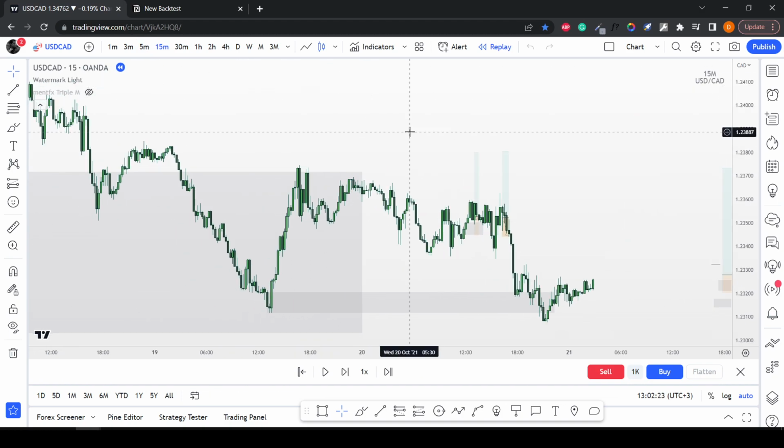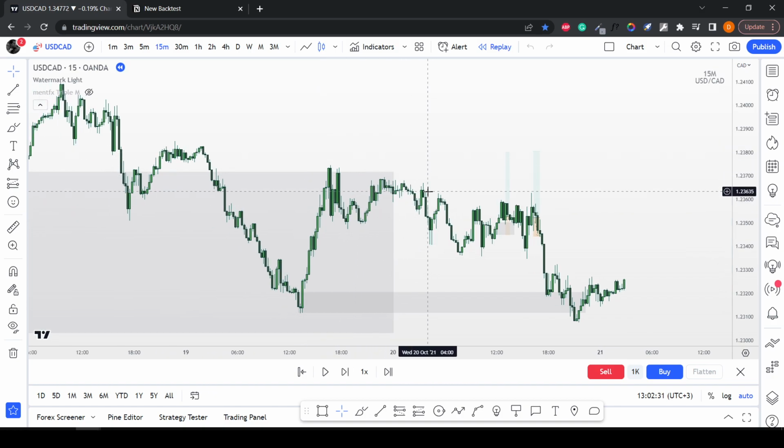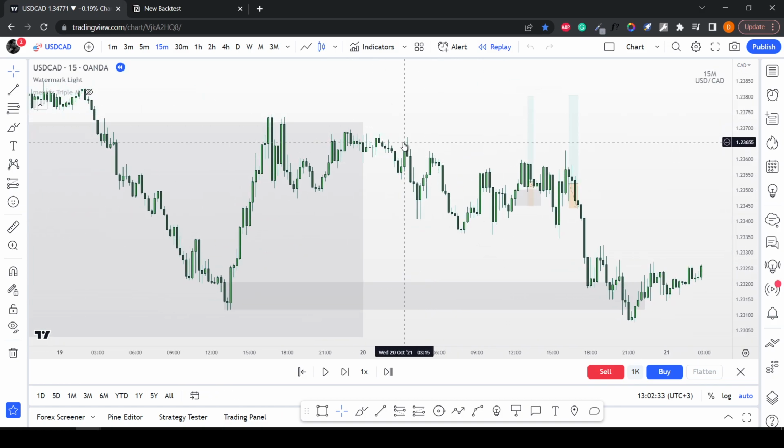So if we're talking about the shorts, we mitigated this 1 hour, created the inside structure on 15 minutes. And then this really clear inside structure, but this was during Asia.